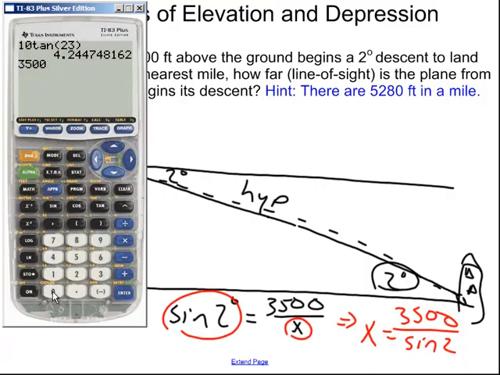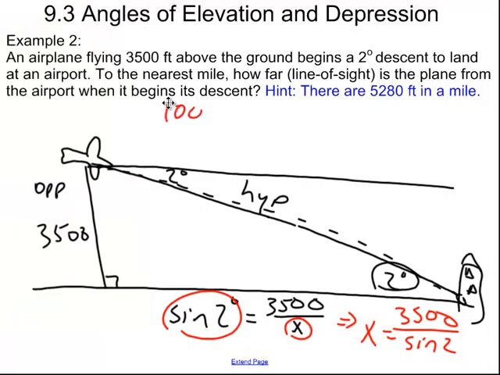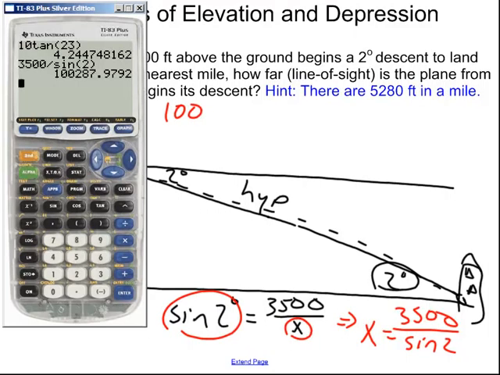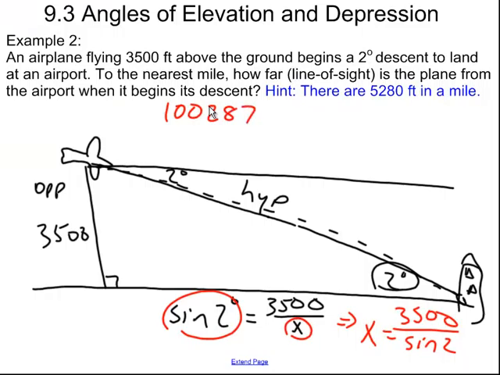3,500 divided by the sine of 2. That is 100,287.98. We'll put it up here, 100,000, see how quickly I forget, 287.98. But remember, it asked me how many miles to the nearest mile, how far am I away?